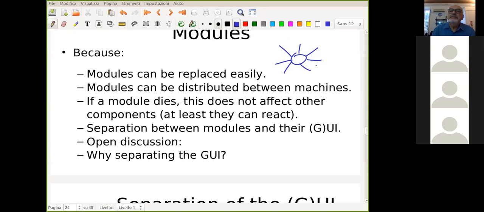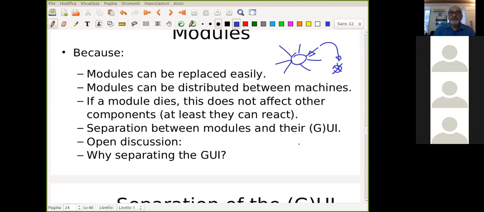So if this module crashes and this was communicating, you should also take into account that any module should handle lost communication, broken communication, due to the fact that the party crashes. So it's a help in providing the survival of the system or managing crashes.